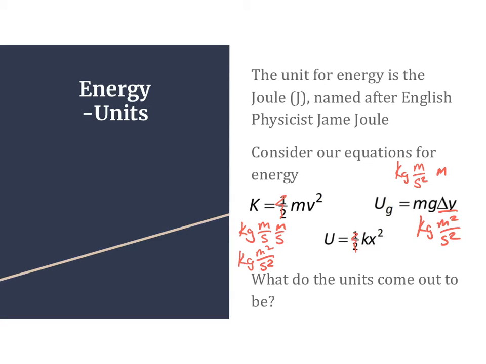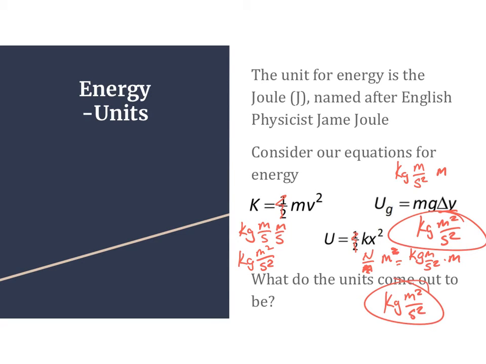Again, 1/2 is dimensionless. So we have k, which is newtons per meter, and x squared, which is meters squared. So this cancels out here. We can expand newtons to kilograms times meters per second squared times meters. And so our units for elastic potential are kilograms times meters squared per second squared.